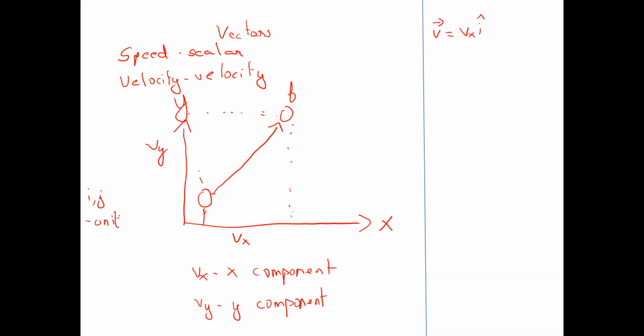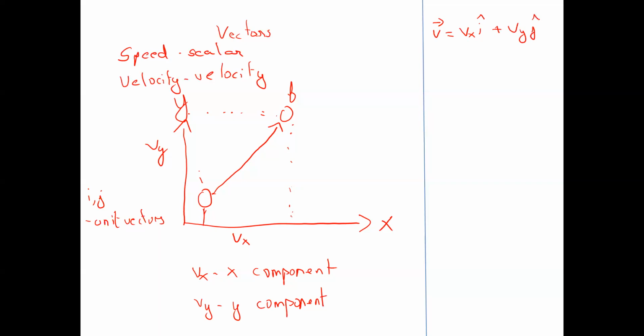These unit vectors have a magnitude of 1, so they don't affect the number when multiplied, but they have a direction. So we write it as vx i plus vy j. That is what we have.